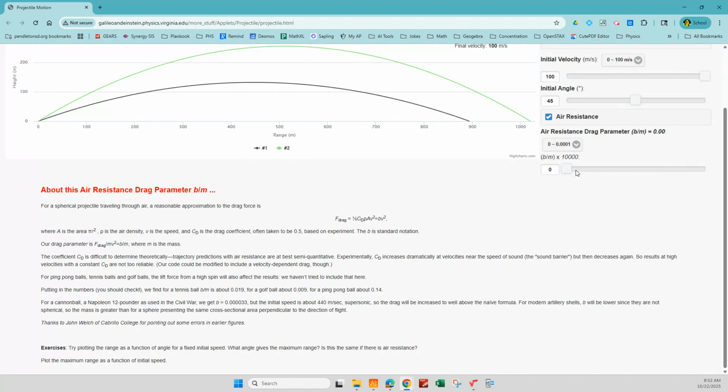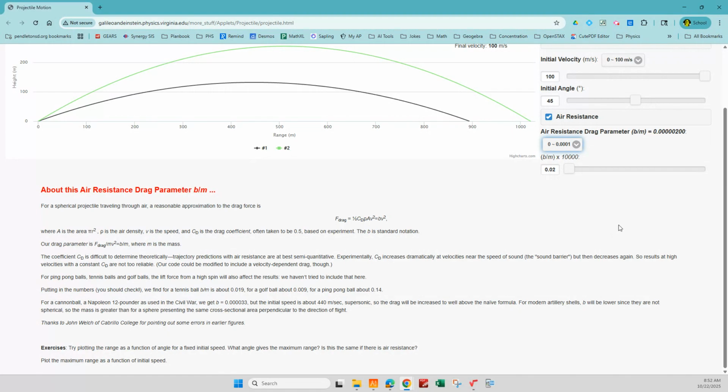Okay, tennis ball. So this is for a tennis ball.